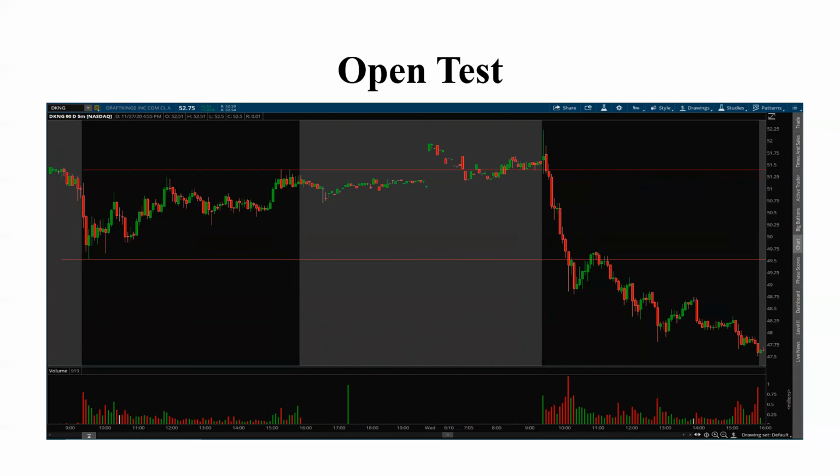Another open, take it up, bring it back, shoots back through the opening print. That opening print and VWAP, when you put this all together, really give a good understanding for recognizing these patterns.